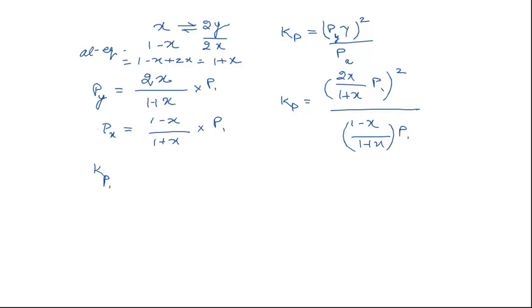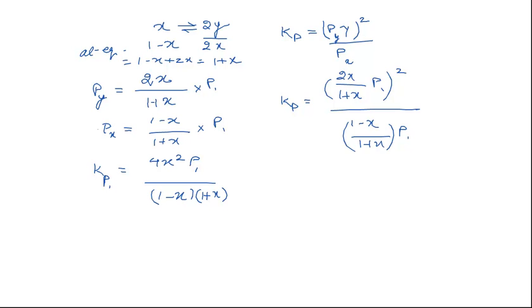So Kp1 will be equal to 4x square P1 divided by 1 minus x into 1 plus x.